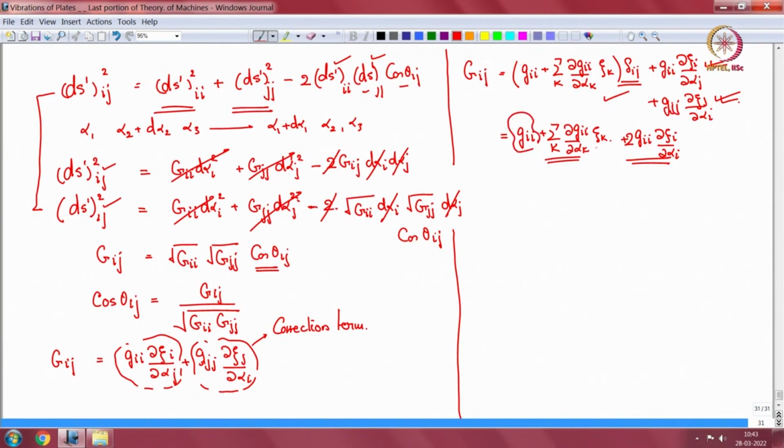These correction terms cannot be bigger than the original term. That's the linear part of the linearity.